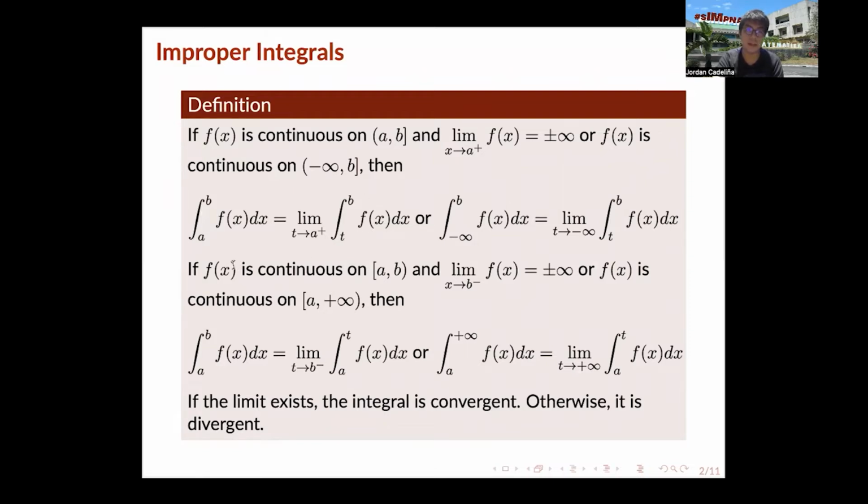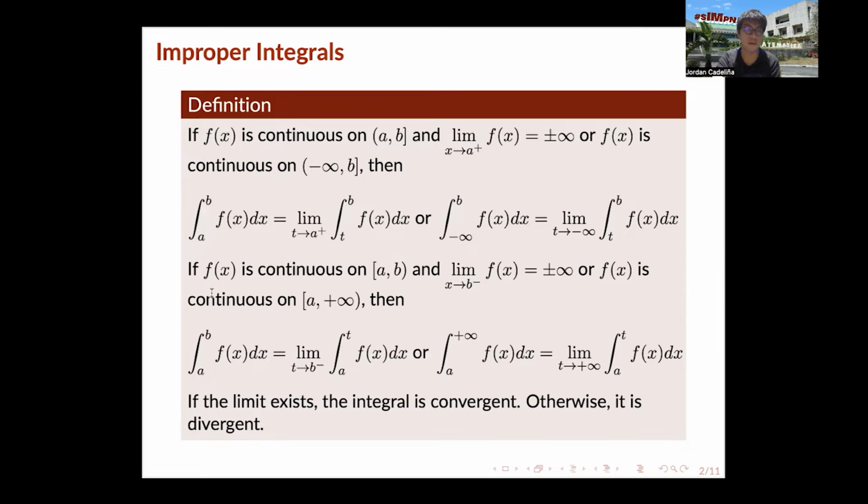So, bale, napalitan lang ng a to t. And kaya a from the right kasi this is the lower boundary ng ating definite integral. Then, kapag naman yung sa negative infinity, we replace a with negative infinity. Then, same process, substitute t, tapos t approaches negative infinity naman dito.